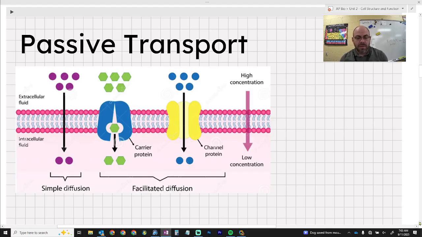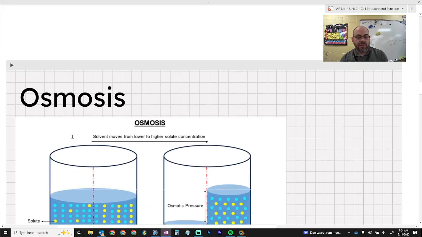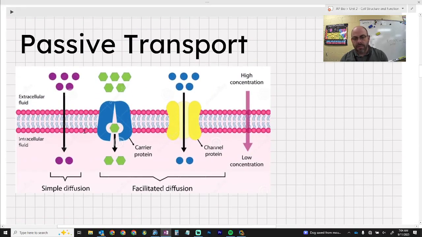There's going to be a couple of types of passive transport that we're going to look at. First we have simple diffusion, and then we have facilitated diffusion. Osmosis is next. We'll get there. Osmosis is a little more complicated. With simple diffusion, you just have particles moving across a membrane, typically some sort of selectively permeable membrane, because that's what we're going to be using a lot in this class, from an area of high concentration to an area of low concentration.